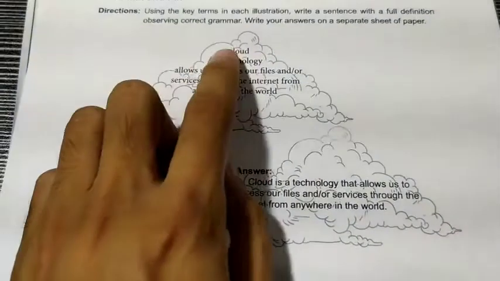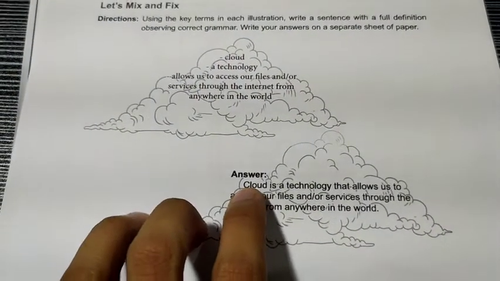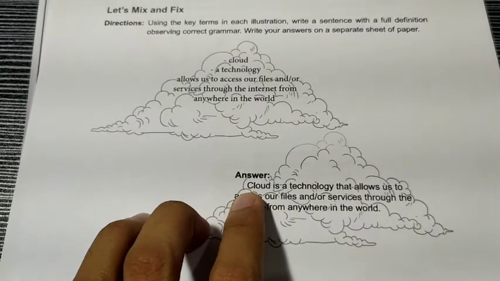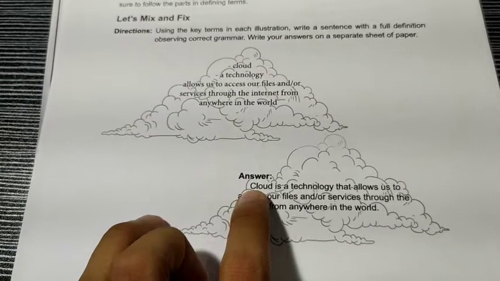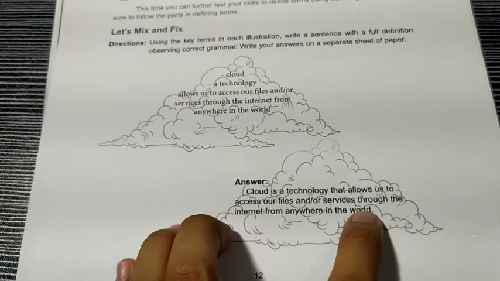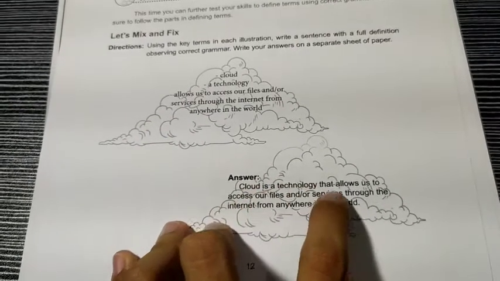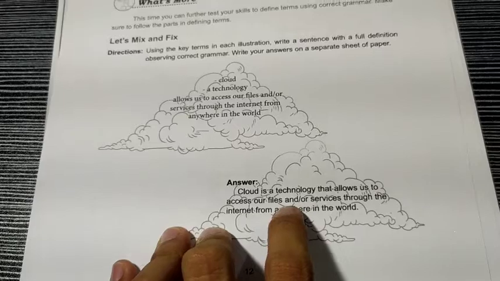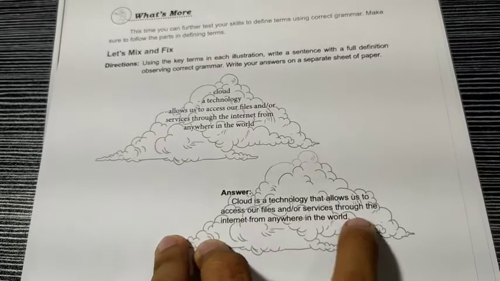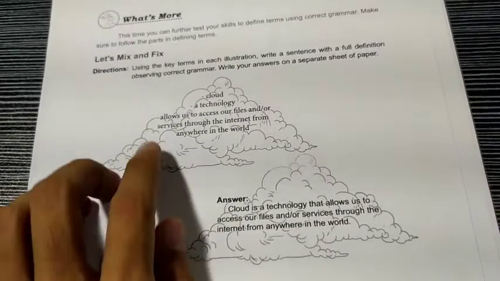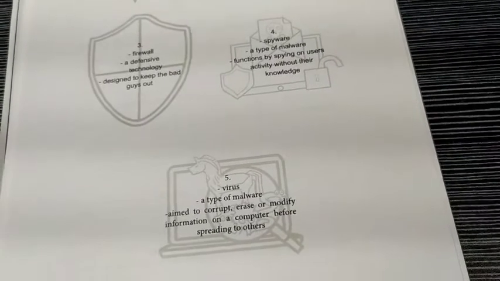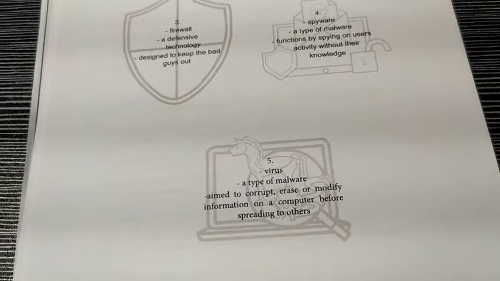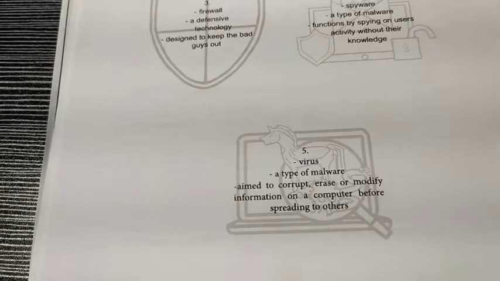Like this one, "A cloud is a technology that allows us to access our files and our services through the internet from anywhere in the world." Notice the capital letter at the start and the period at the end. You will also use connectors, adjectival clauses, or participial phrases, like that.